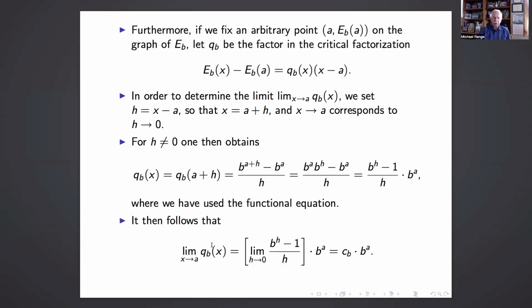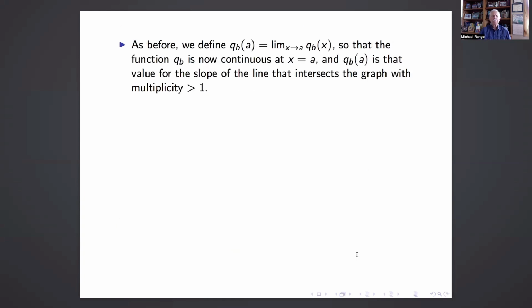And it then follows that the limit of q sub b at x as x approaches a is the limit of (b to the h minus 1) divided by h as h approaches 0, multiplied with b to the power a. That is, we get the number c sub b multiplied with b to the power a. As before, we define q sub b at a to be equal to this limit.